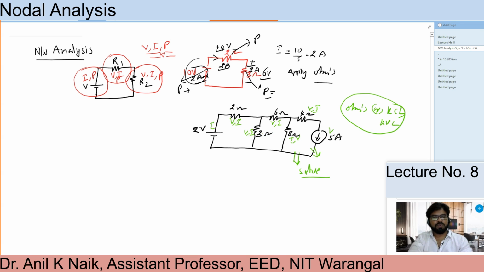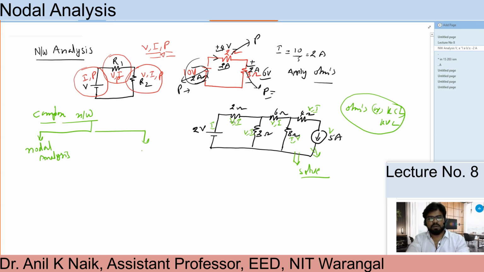So in order to do the network analysis of such complex networks, we have two different methods, called nodal analysis and loop analysis, or you can call it mesh analysis.